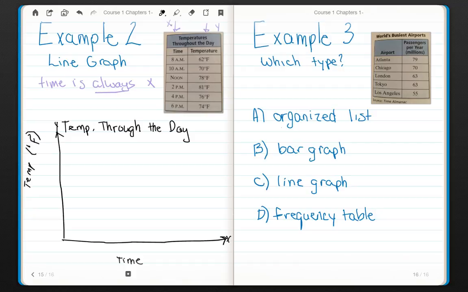Fahrenheit. All right, so it looks like I'm starting at 8 a.m. and going to 6 p.m. counting every 2 hours. That's totally fine. Actually, I'm going to put 8 a.m. right on the y-axis, because we don't know what the temperature is before that. 10, 12, 2, 4, and 6.